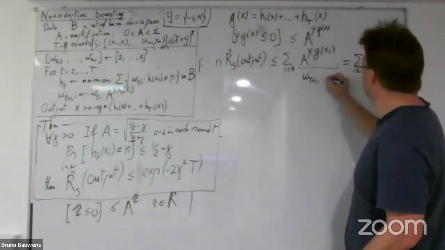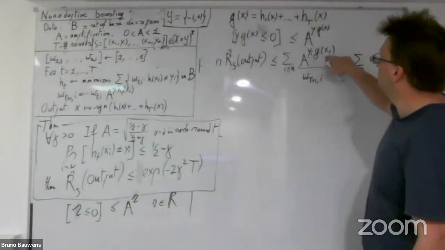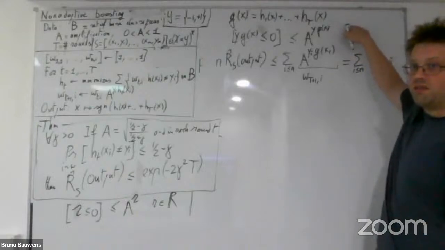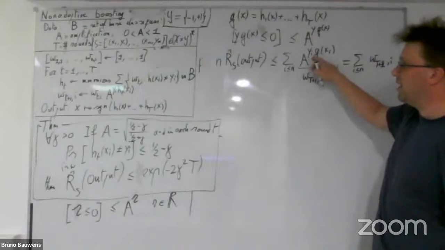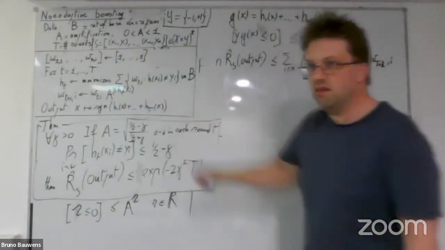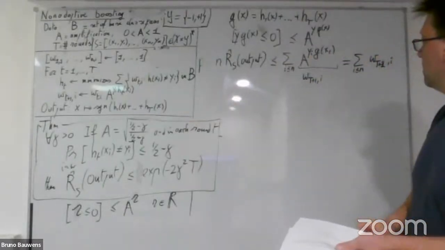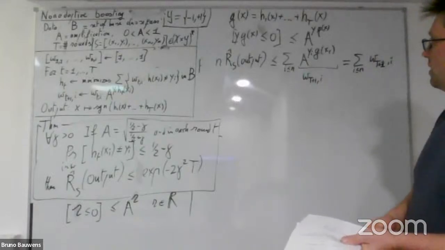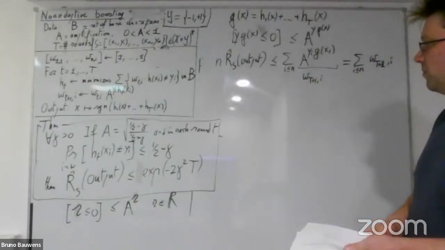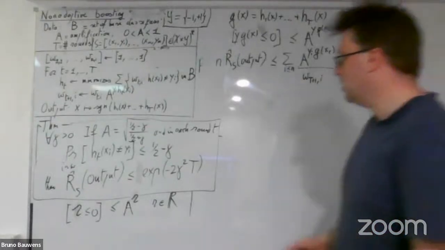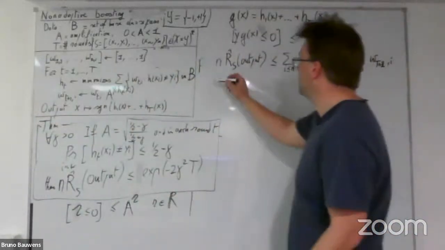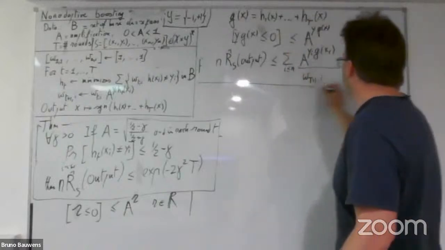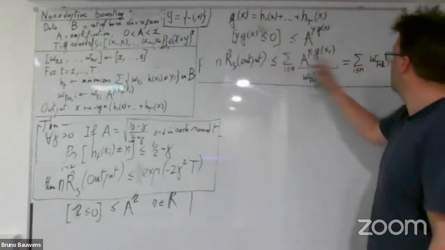G is the sum of base classifiers, so here we have the sum of base classifiers times y. I think I just forgot something here, but the theorem works, and we will see it in a second. So that's our first goal: we get the upper bound here.